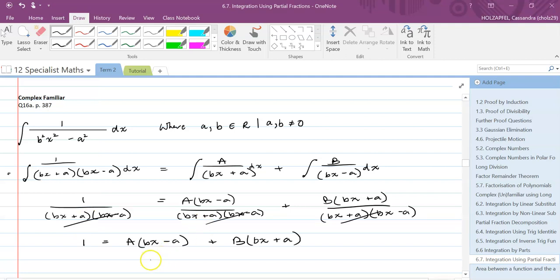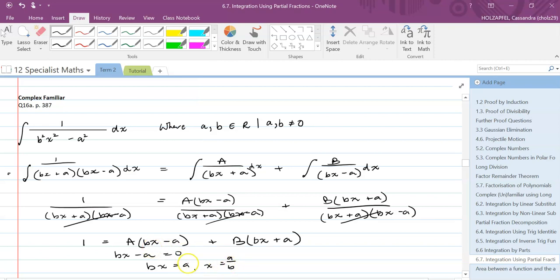Now what we would normally do is substitute in some value here to get one of these brackets equal to 0, because that would eliminate that term, and then we would be able to solve for A and B. So let's go ahead. We need to let bx − a equal 0. So in other words, bx is equal to a, and so x is going to be equal to a over b.